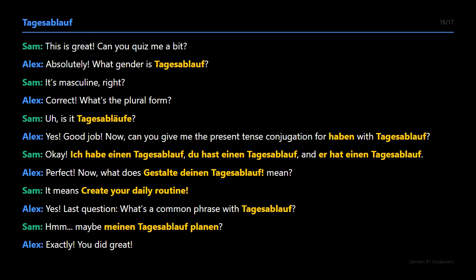This is great. Can you quiz me a bit? Absolutely. What gender is Tagesablauf? It's masculine, right? Correct. What's the plural form? Is it Tagesabläufe? Yes. Good job. Now, can you give me the present tense conjugation for haben with Tagesablauf? Okay. Ich habe einen Tagesablauf.